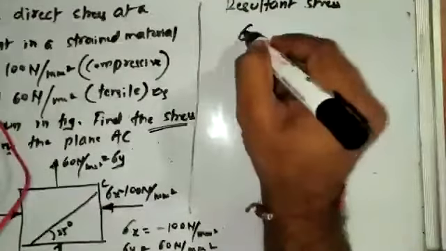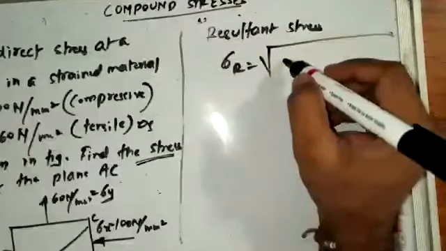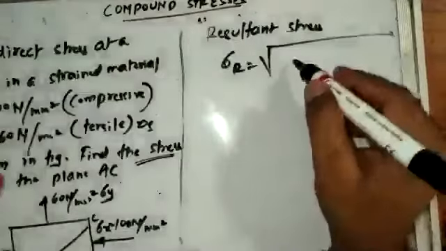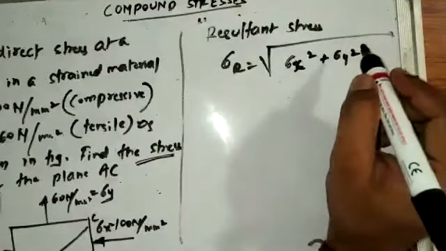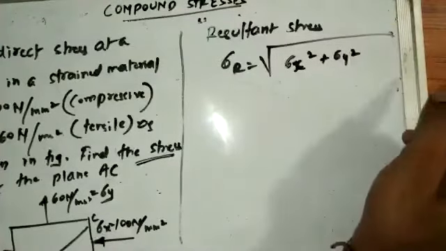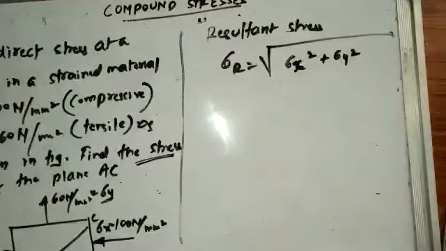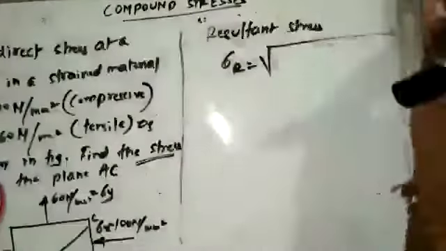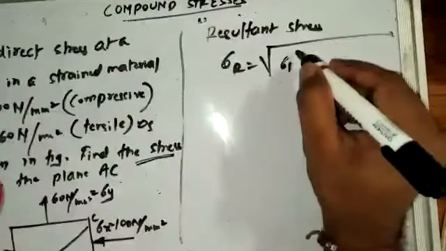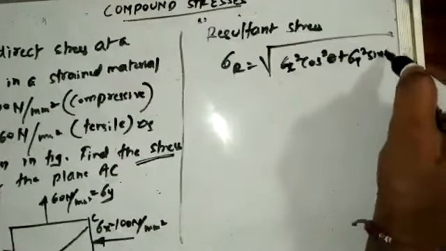The resultant stress formula is the square root of sigma n square plus sigma t square, which is sigma x square cos square theta plus sigma y square sin square theta.